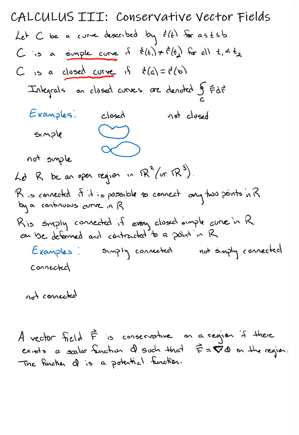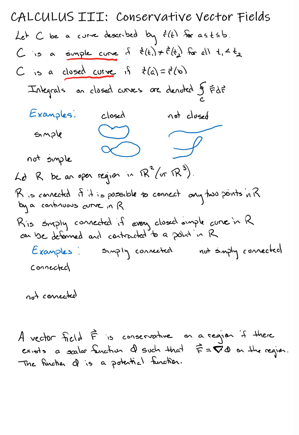Something that is not closed would be something along those lines. This is simple, right? It doesn't touch itself, it doesn't overlap anywhere, but it is definitely not closed. Something that is not simple and not closed would look more like something like that.